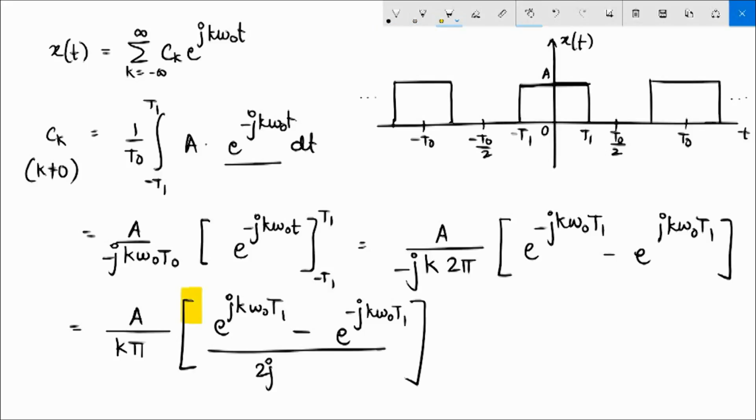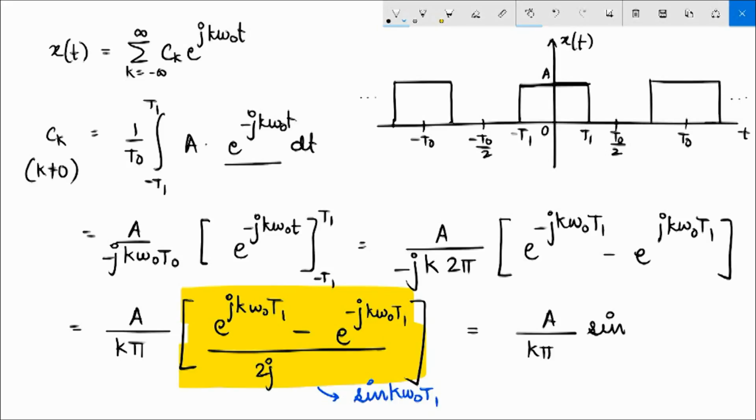I'm just multiplying numerator and denominator with minus 1. Now this term is equal to sine k omega naught t1, right? So I can simply write that this is equal to a upon k pi sine k omega naught t1.